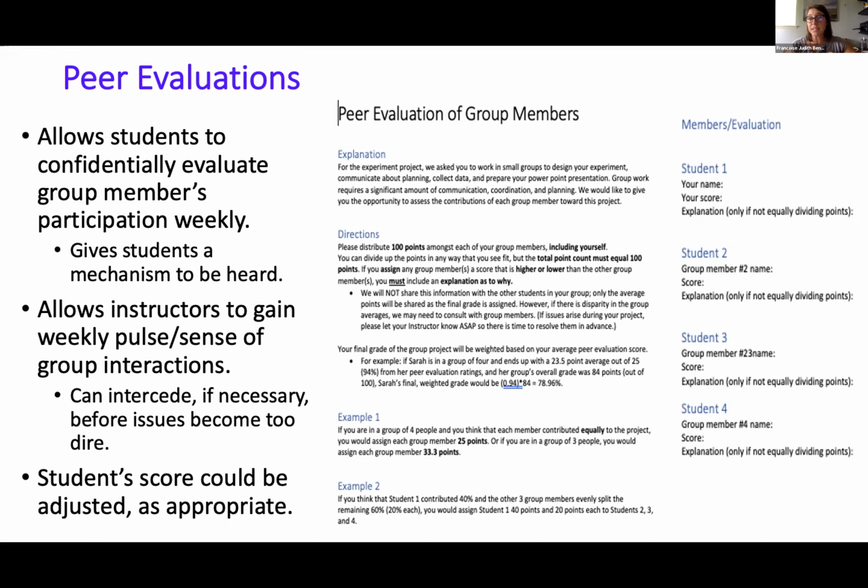Students did have to provide an explanation if they gave a student less than 25% participation so that the instructor could understand. And this ultimately allowed us as instructors to see, did we need to help the person with the observation of the lack of participation?